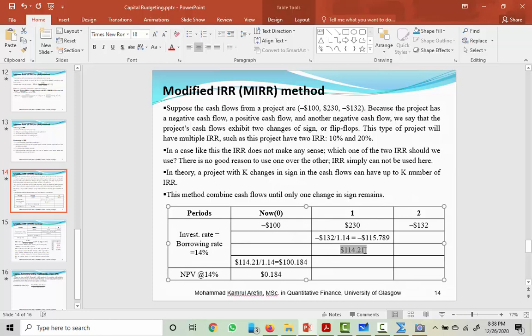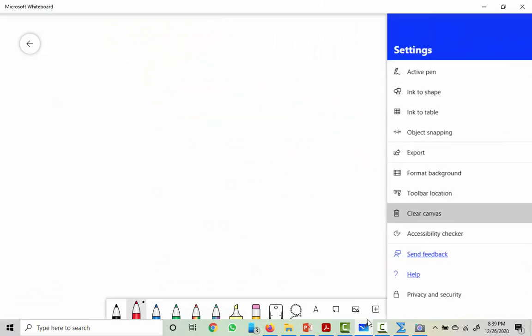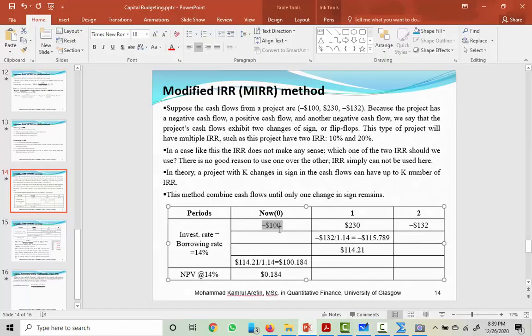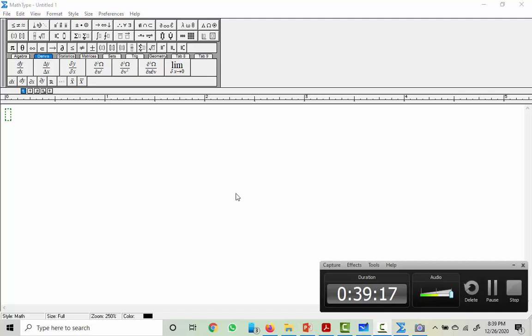Now, as we can see, this is one cash flow and this is the initial investment, so we can easily calculate IRR. Now we have only one change in sign. At period 0, we have negative 100, that means the initial investment is 100.